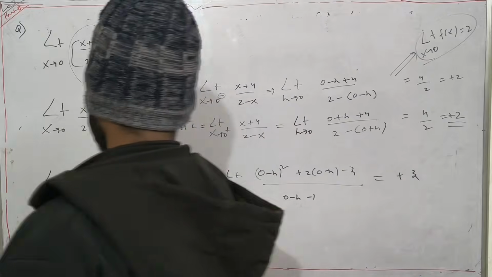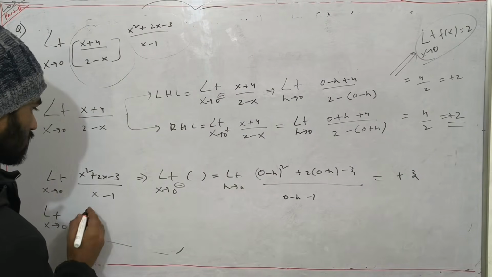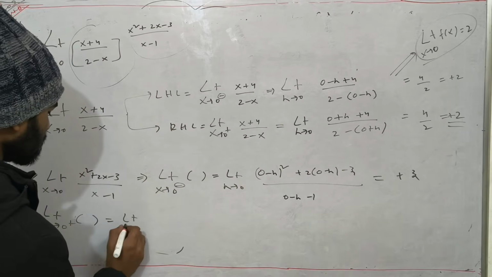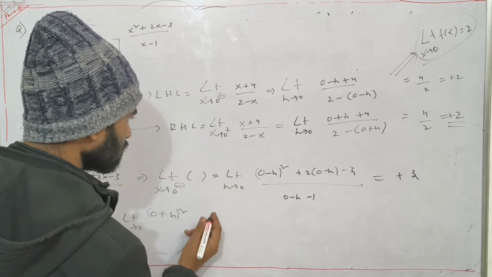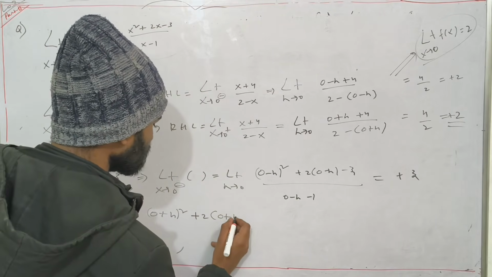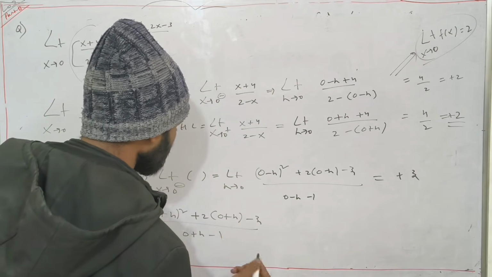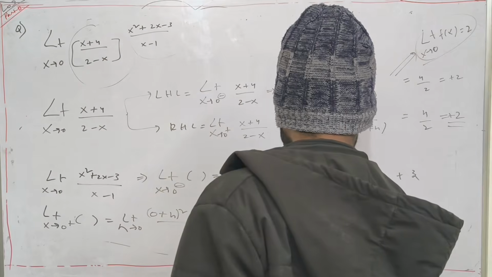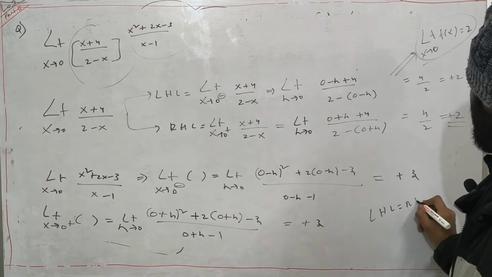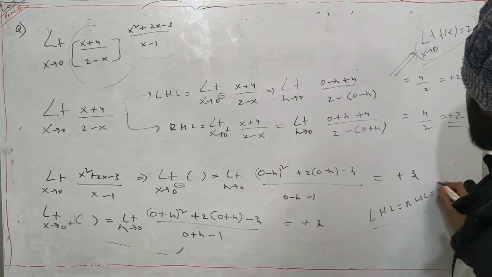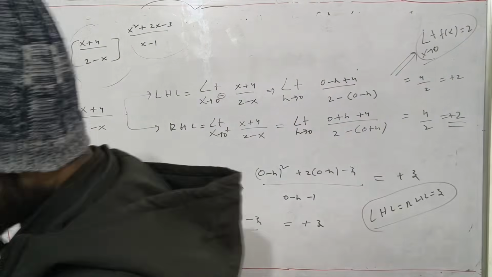Similarly, the right hand limit is limit h tends to 0 of ((0 plus h) whole square plus 2 into (0 plus h) minus 3) by (0 plus h minus 1). This is again minus 3 by minus 1, which is plus 3. So we got left hand limit equals right hand limit equals 3, meaning the limit exists, and M equals 3.